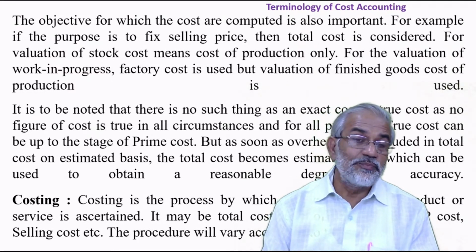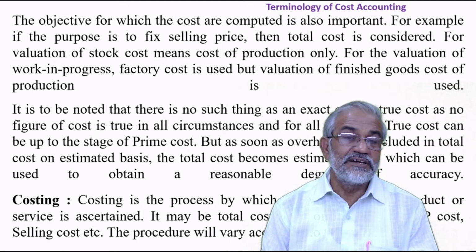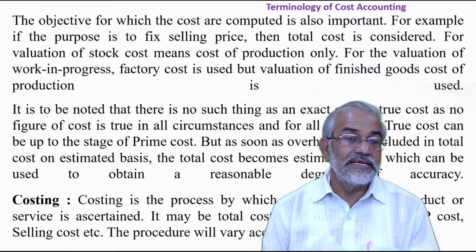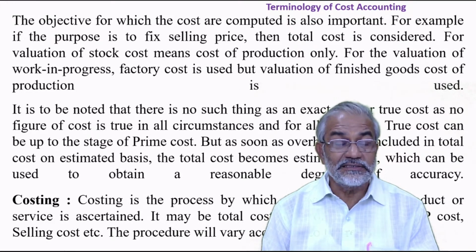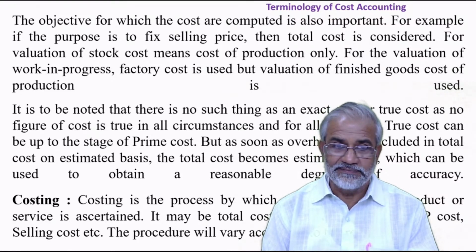Then this 600 would be the direct labor cost for the table. If he takes 2 days, then it would be 600 into 2, that means 1,200 would be the direct labor cost for that table, which is a final production unit.